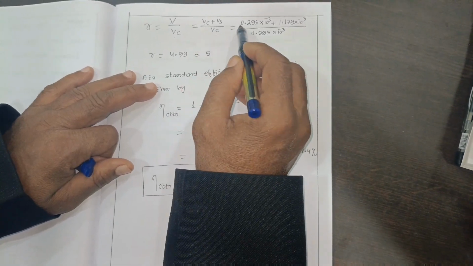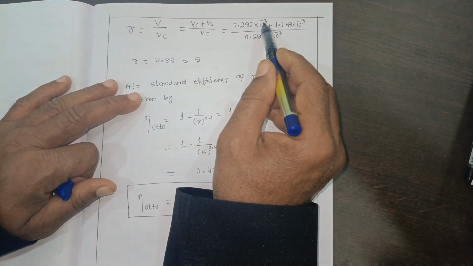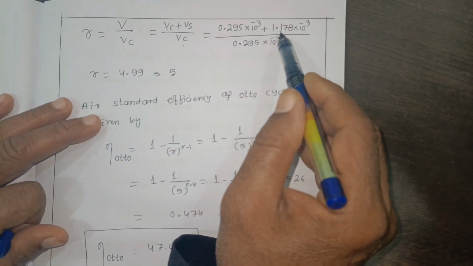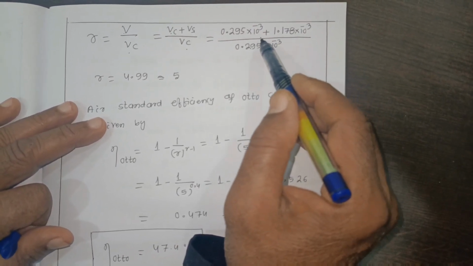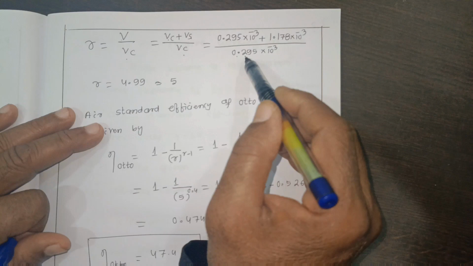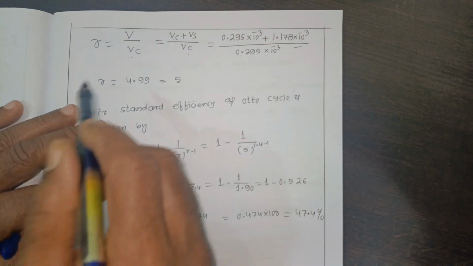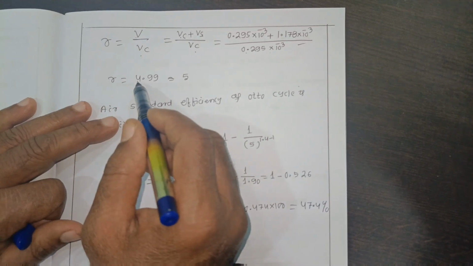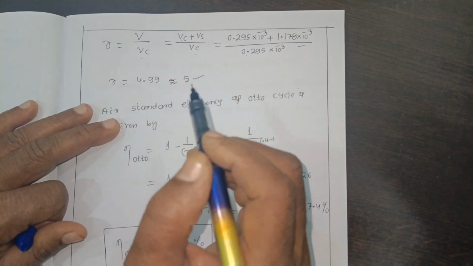Then Vc is equal to 0.295 into 10 to the power minus 3 given, plus Vs is equal to 1.178 into 10 to the power minus 3, because this value is Vs is equal to pi by 4 d square L, divided by 0.295 into 10 to the power minus 3. Then after calculating, we have R is equal to 4.99 is equivalent to 5.